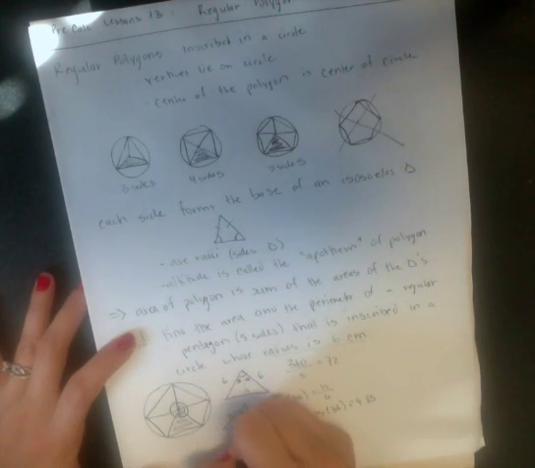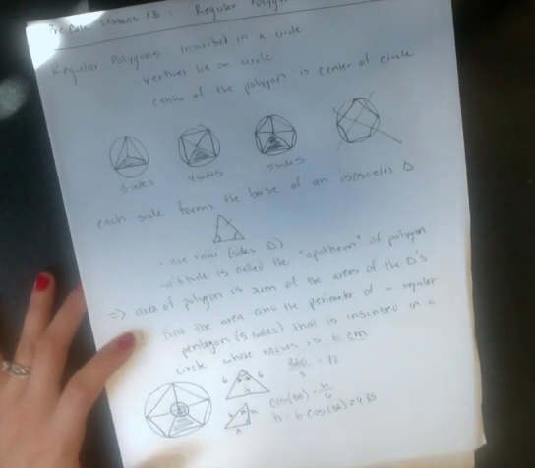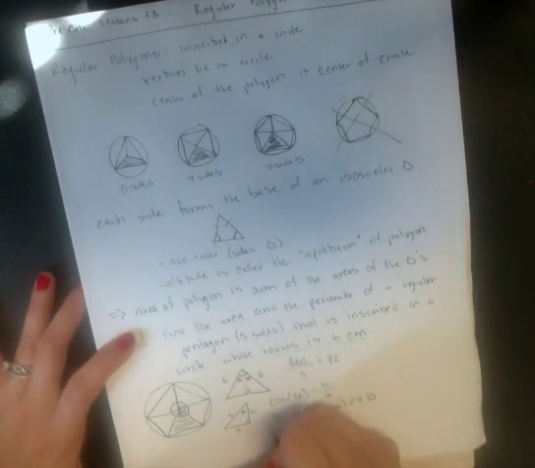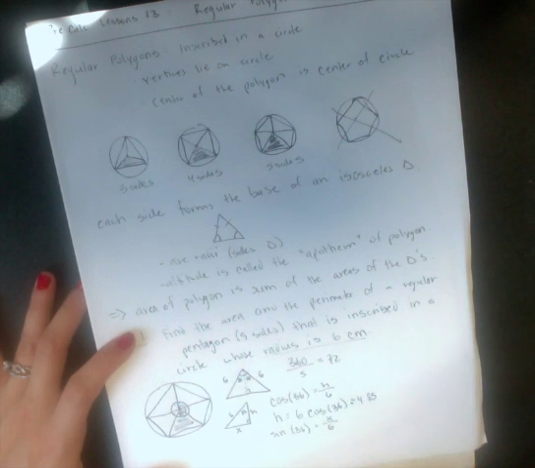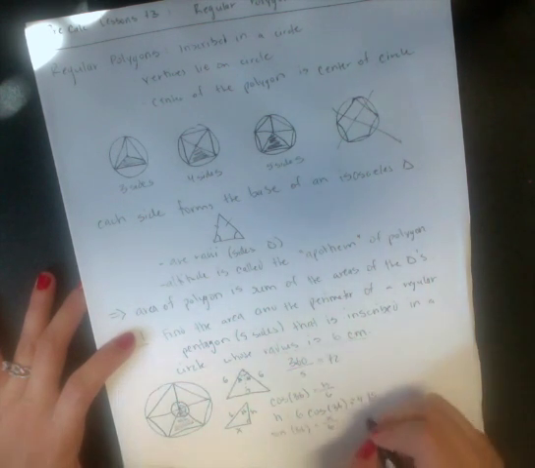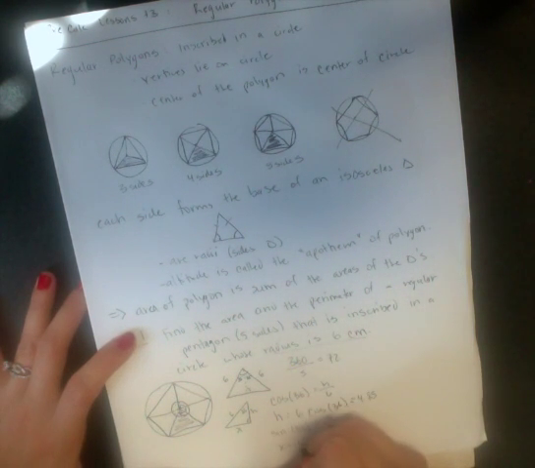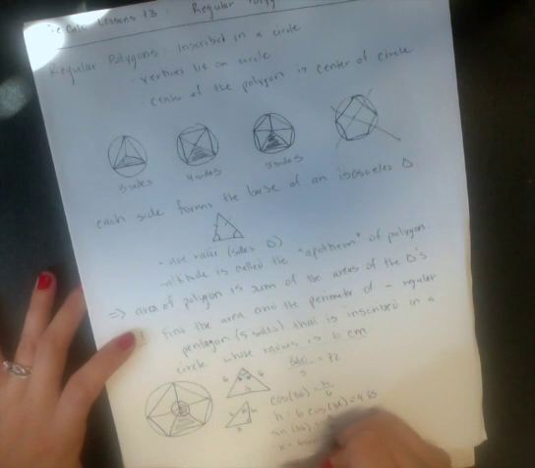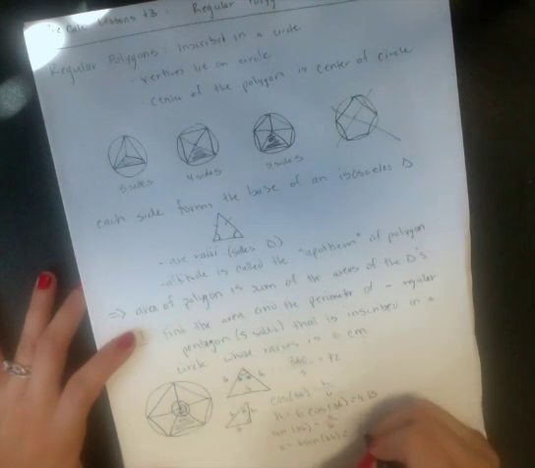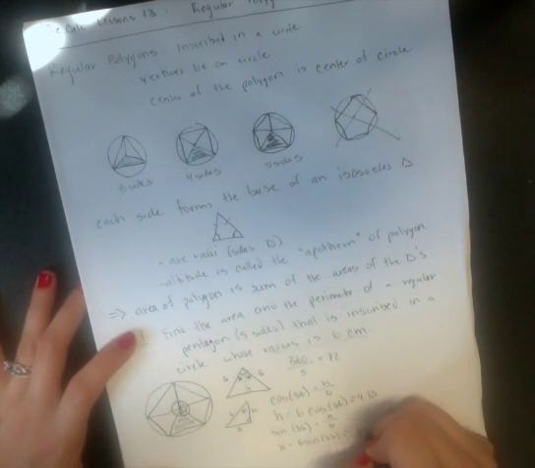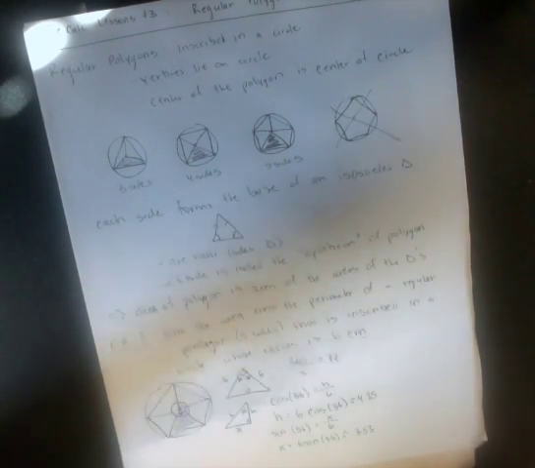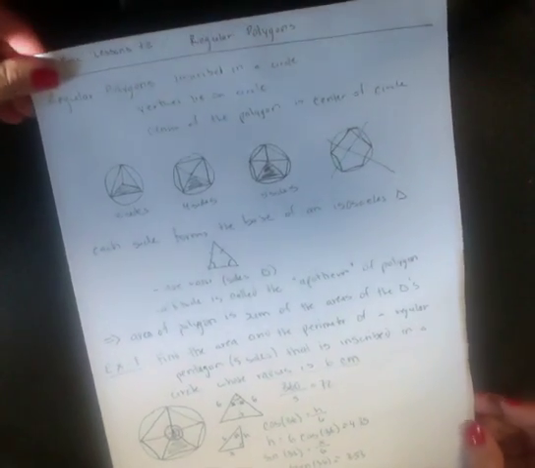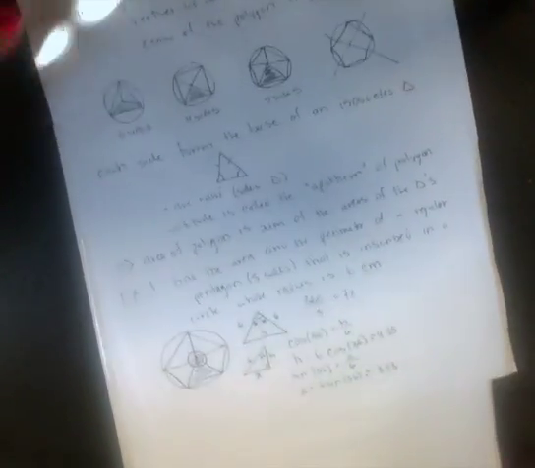And I can also find, if I label this x, I can find this because I know that the sine of 36 is opposite over hypotenuse, SOHCAHTOA. So x is 6 sine of 36, which gives me approximately 3.53. Make sure that your calculator is in degrees.